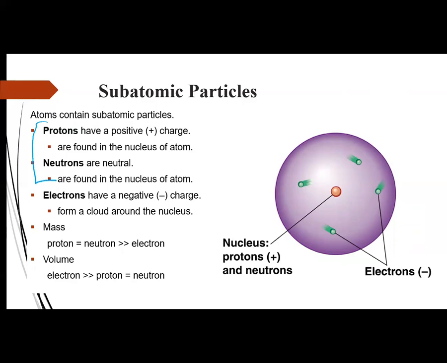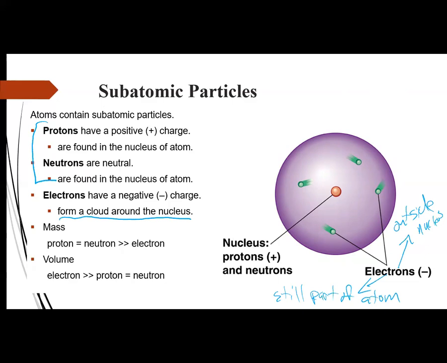And those electrons, we say that they form a cloud around the nucleus. So you don't want to say that electrons are not part of the atom. They are still part of the atom. They're just outside the nucleus for their location.